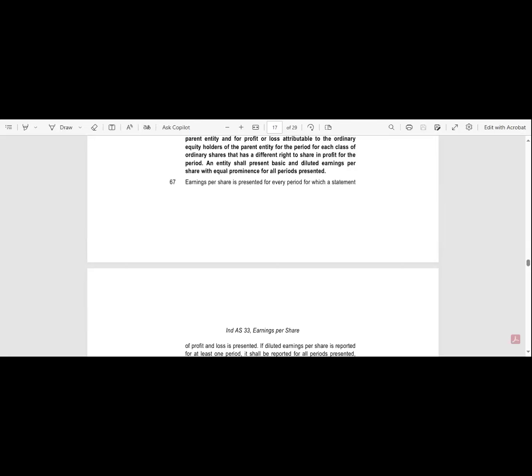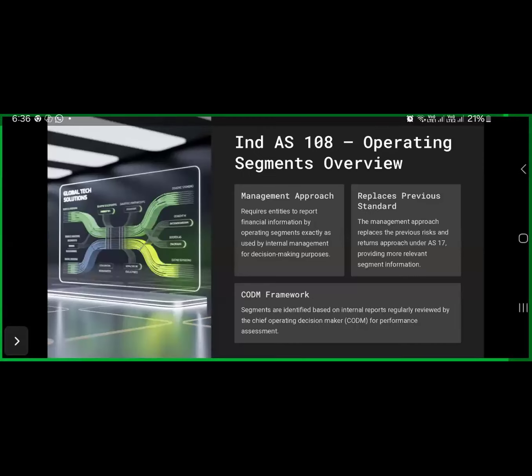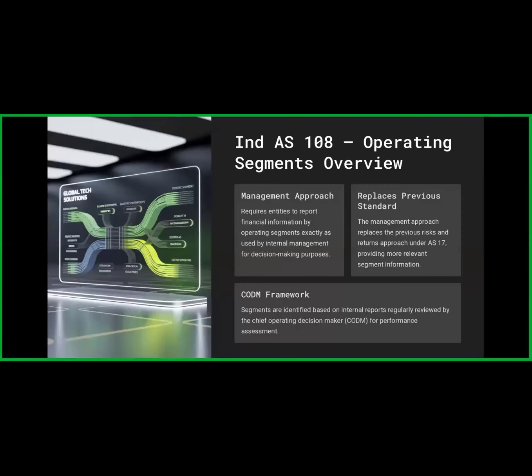Just a second, I share the screen with you. Yes, so now the next Indian Accounting Standard is the Indian Accounting Standard 108.